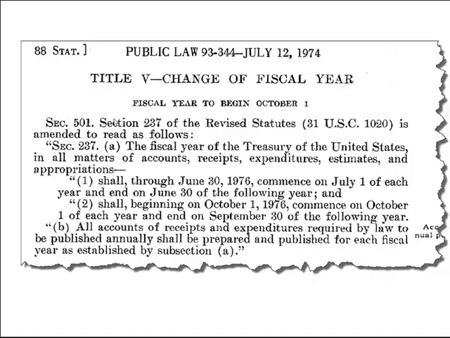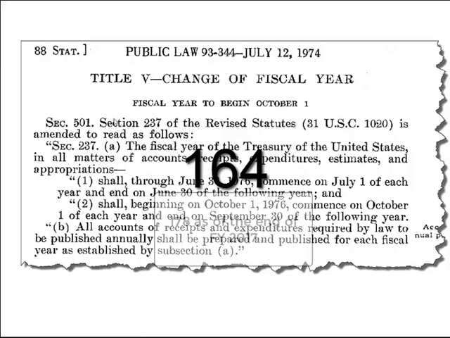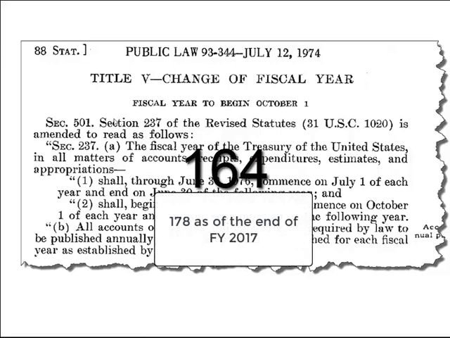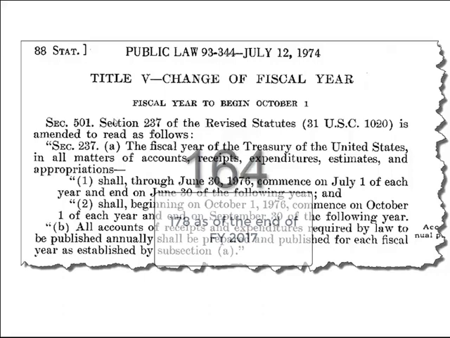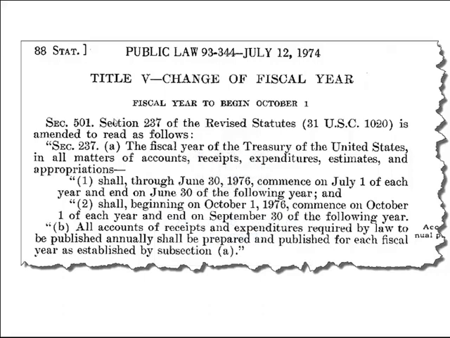In fact, since the fiscal year changed to beginning on October 1st, there have been 164 continuing resolutions, averaging slightly more than 4 per year. This brief history points out that continuing resolutions have become a regular component of the appropriations process since the 1950s.